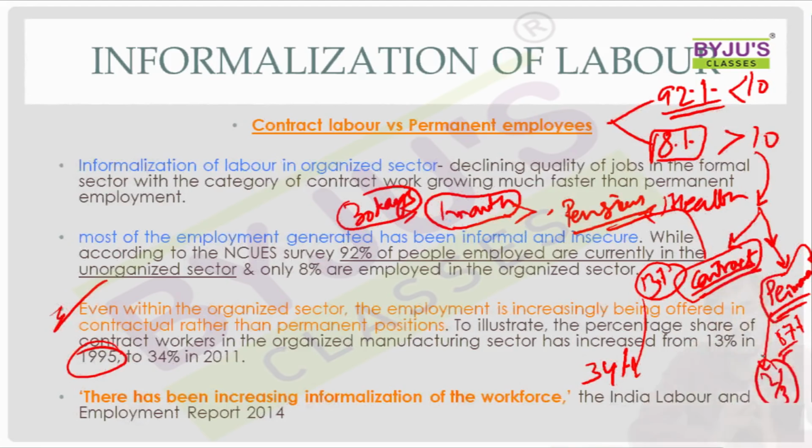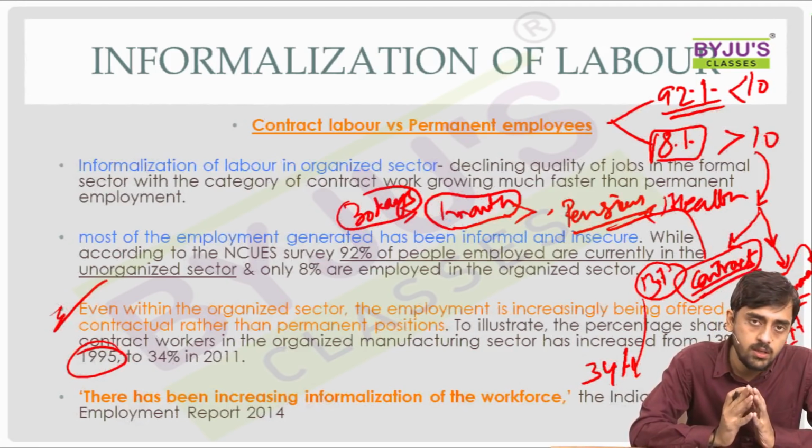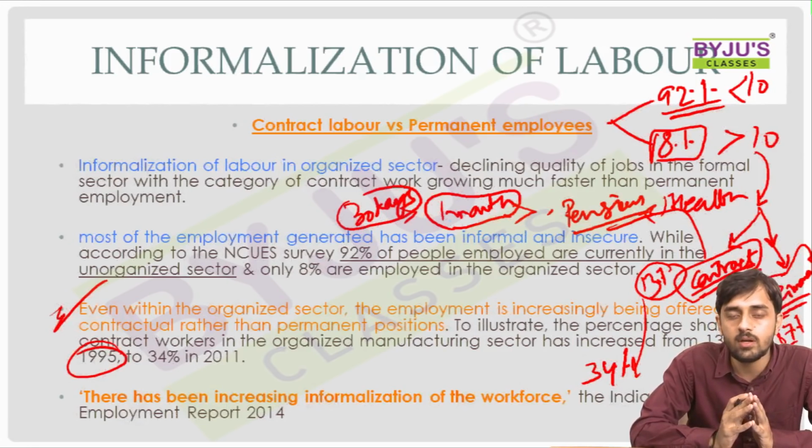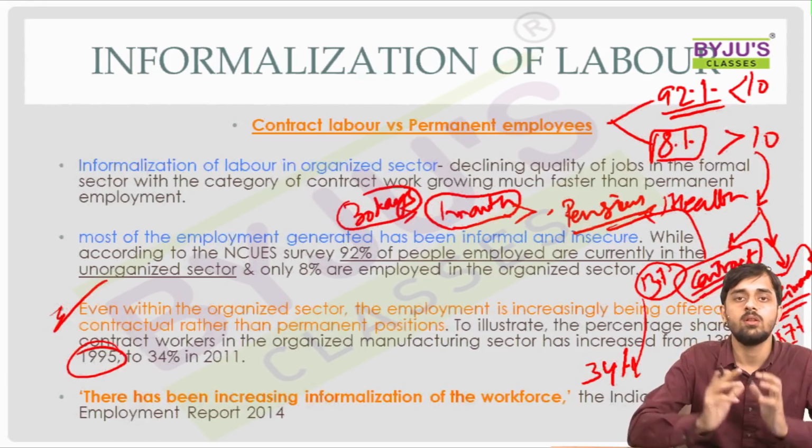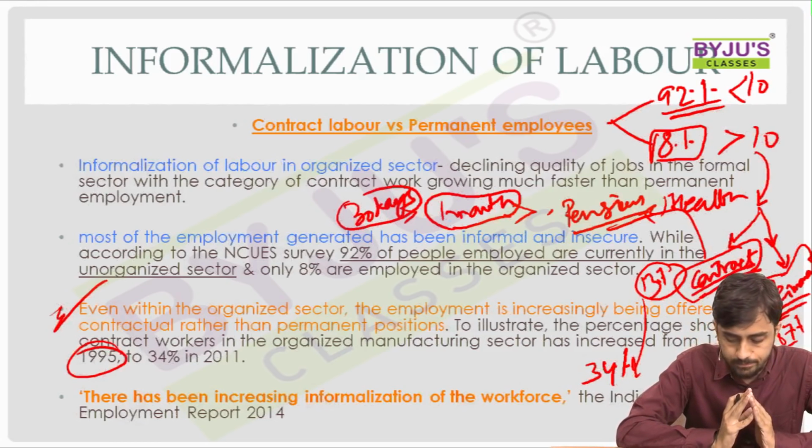So that again points to an increasing job insecurity and an increasing degree of informalization of labor within the organized sector also. That's another manifestation of the whole problem of the quality of employment. So that is another major issue of concern that needs to be dealt with.